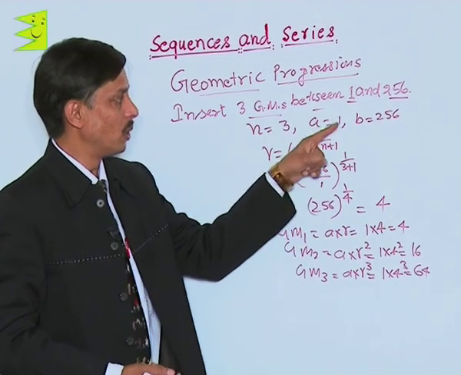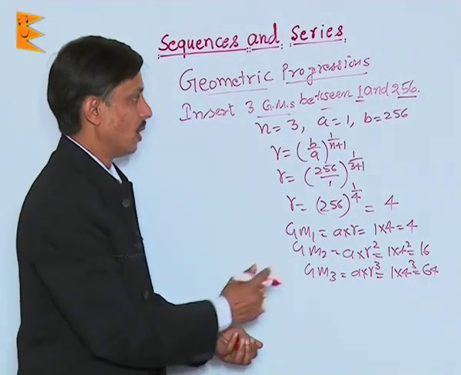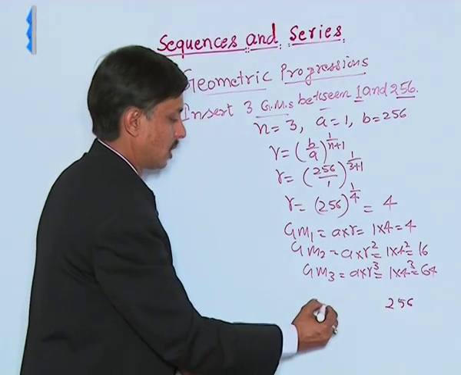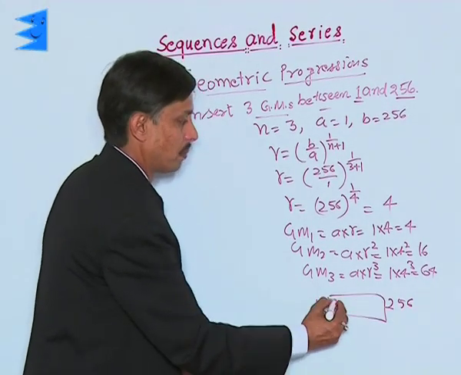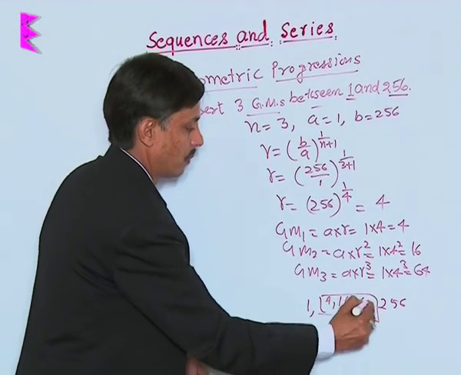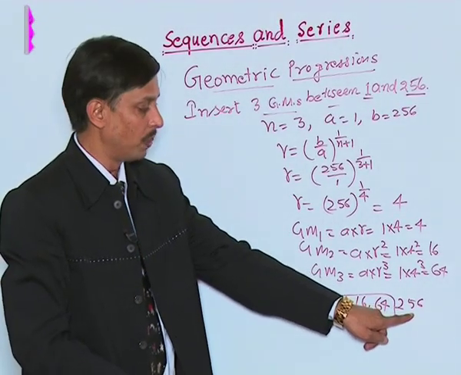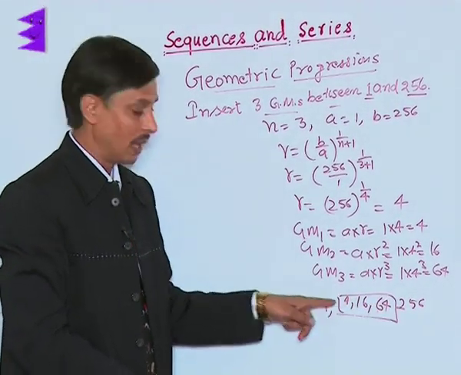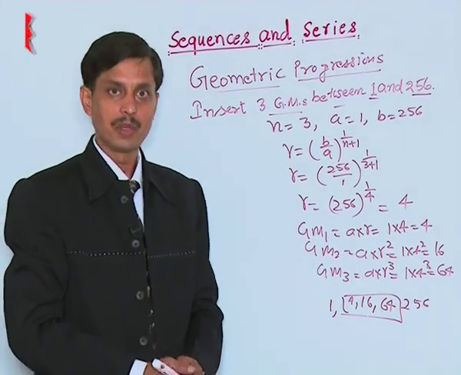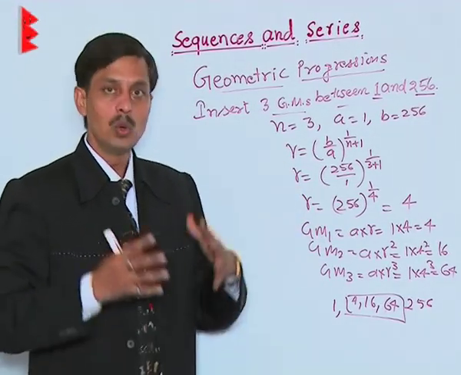The 3 GMs between 1 and 256 are 4, 16 and 64. We can write 1 and 256 and the GMs between them are 4, 16 and 64. If we multiply 64 by 4, again we get 256. And when we divide 4 by 4, we get the previous term, the first term, that is 1. So this is the approach of finding the GMs between any two numbers.